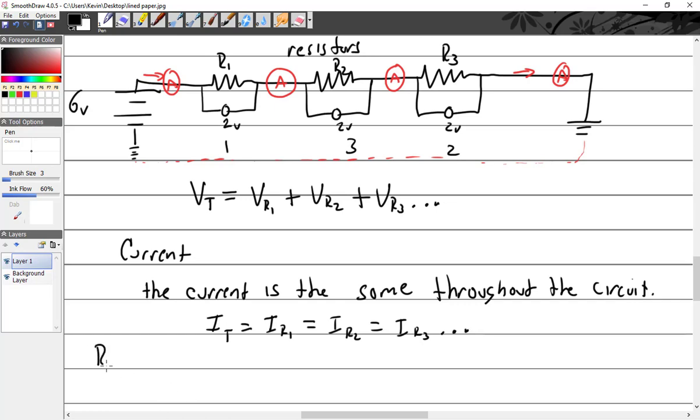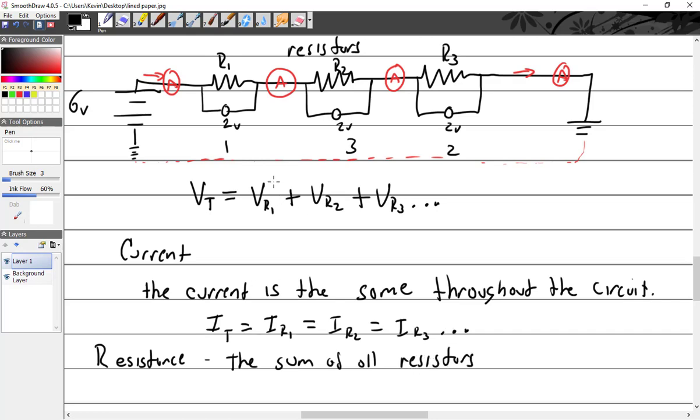And now we talk about resistance. We're using R, thankfully. So resistance, the formula is the sum. Sum means what? Total. Plus. Added. This is the sum of all resistors.